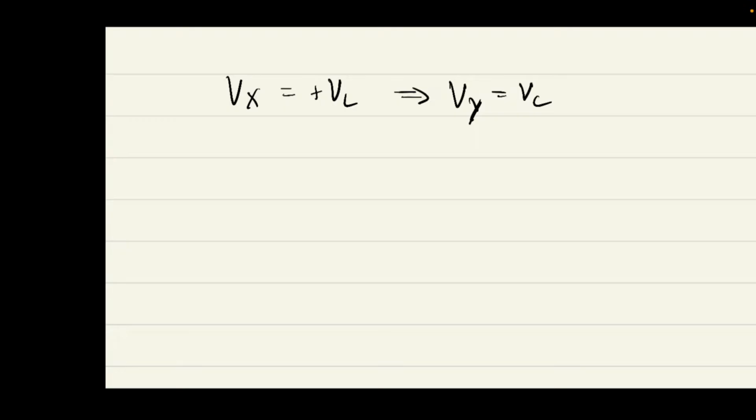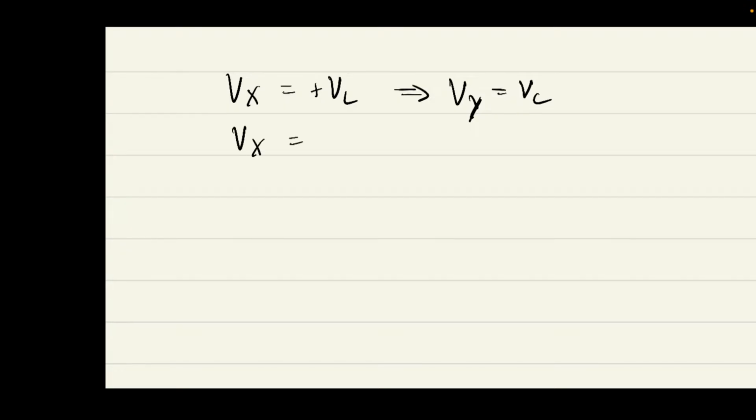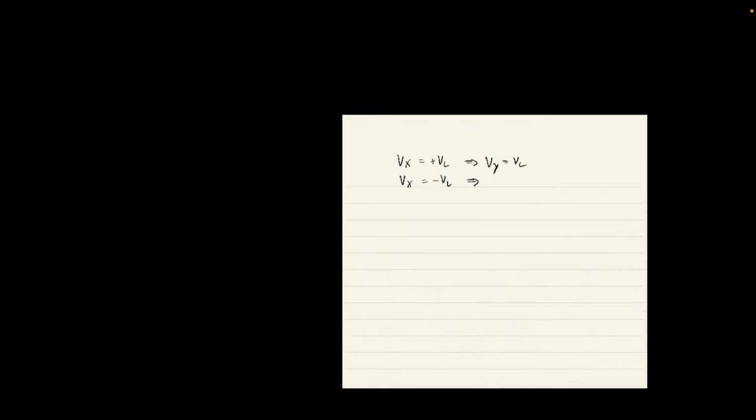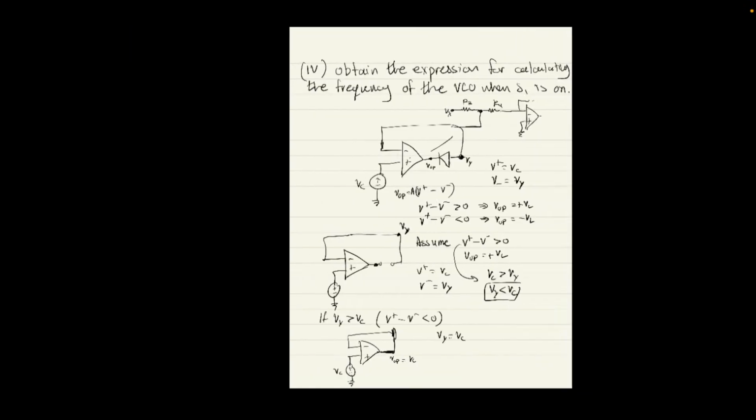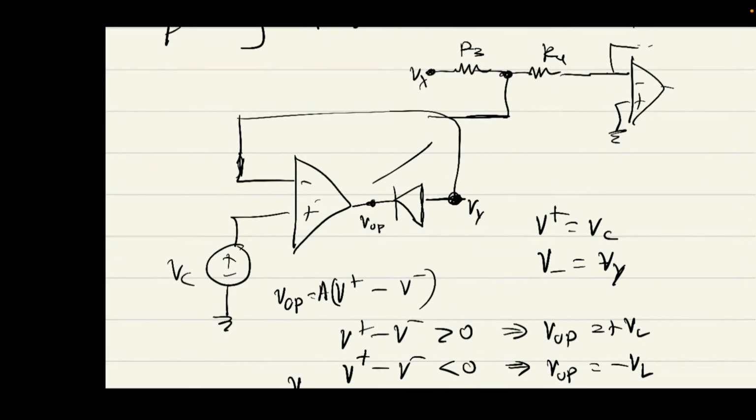Yep. And if Vx is negative VL, well, this voltage here is going to be negative, right? Which means that this is going to be positive, which means this is going to be a high voltage, right?